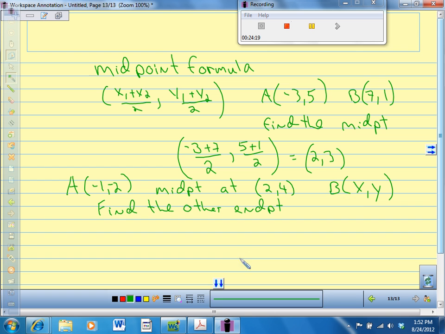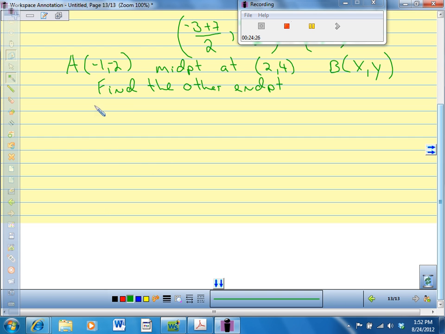Okay? So what I do is I set up 2 little equations. The first equation looks like -1 plus x, divided by 2 equals 2. What's my other equation? -2 plus y divided by 2 equals 4.